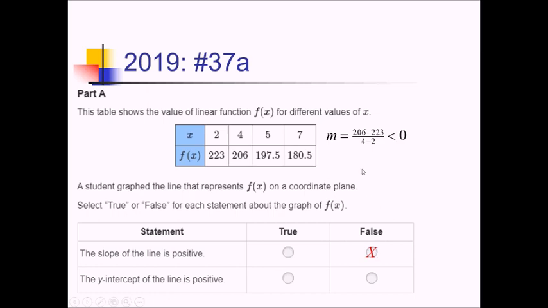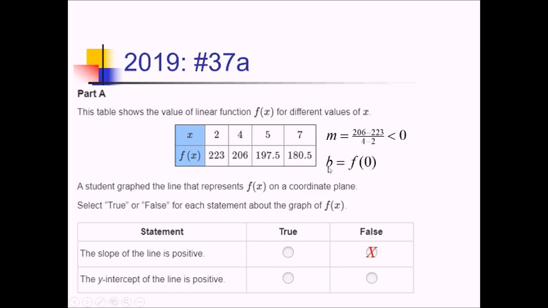Y-intercept. So the key on this one is recognizing that your function is decreasing as you move to the right. The y-intercept, that's the place where x equals 0. That's f of 0. F of 0 is to the left of this table value right here. So if your y values are going down as you move to the right, that means they must be going up as you move to the left.